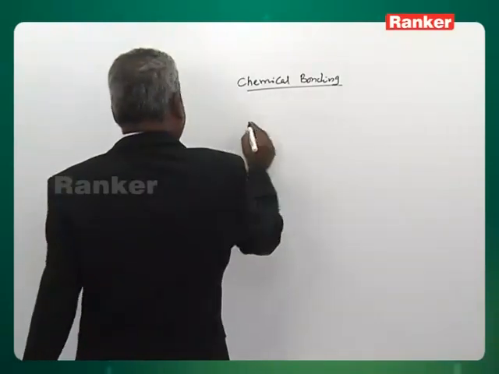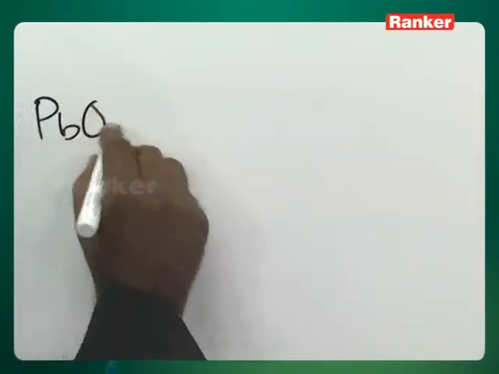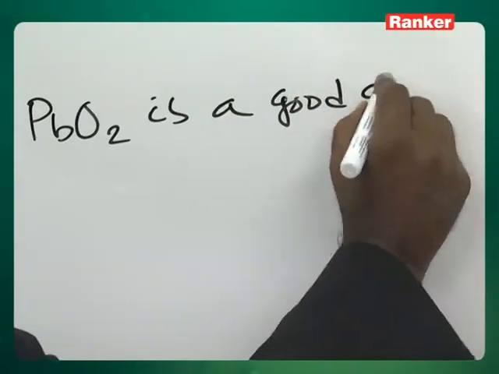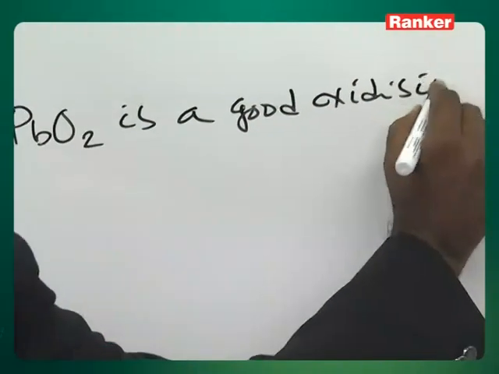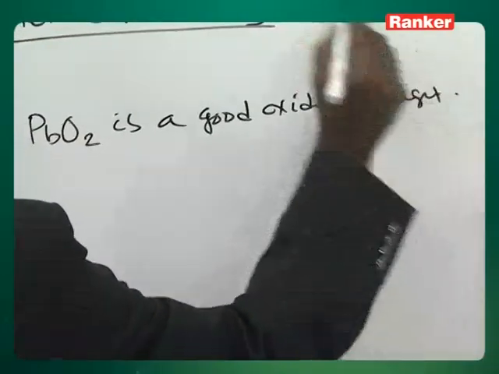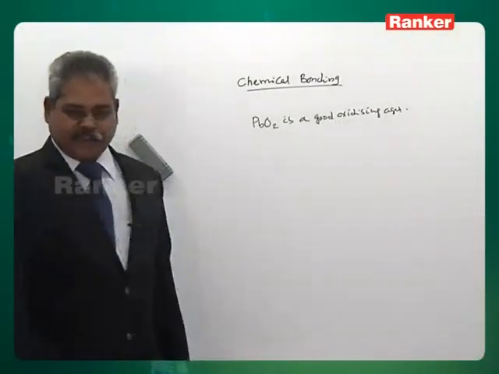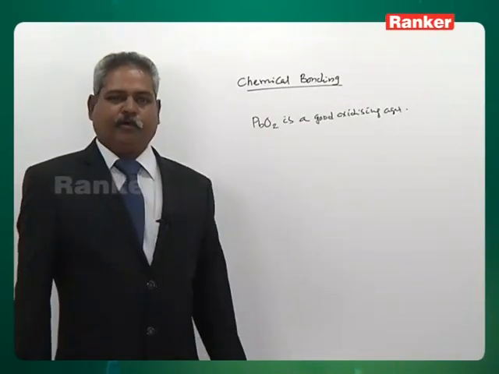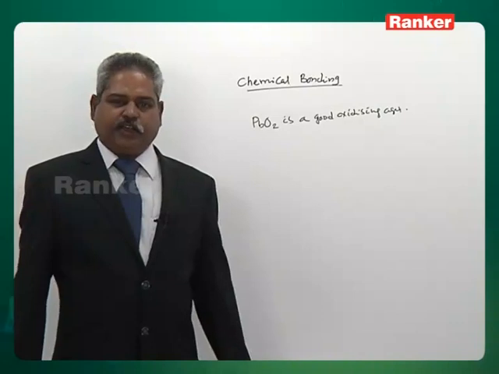And look here, PbO2 is a good oxidizing agent. You hear this statement. Why? You go back to the definition we gave in periodic properties. What is a reducing agent?